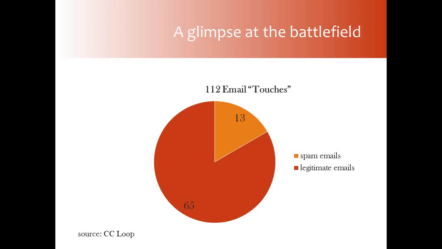If you take out the email that you send, about 37 on average, you've got 75 emails left. Of that, 65 are what someone considers a legitimate email. 13 emails are spam. It's kind of mind-blowing to think that you touch and interact with anything 100 times in one day.